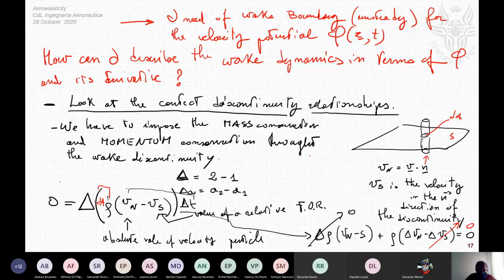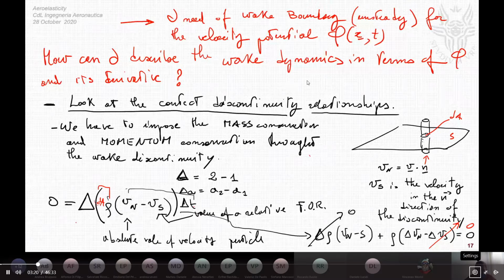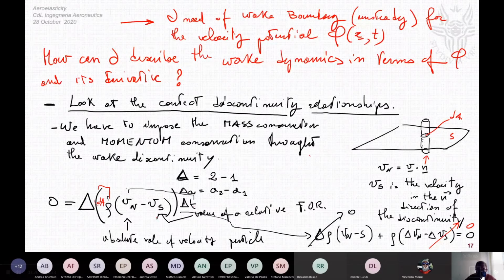And so if you multiply this density by this infinitesimal area and this displacement, which is the relative velocity by the delta t time, you get the mass penetrating this surface, and then we are imposing that the jump of this quantity be 0.